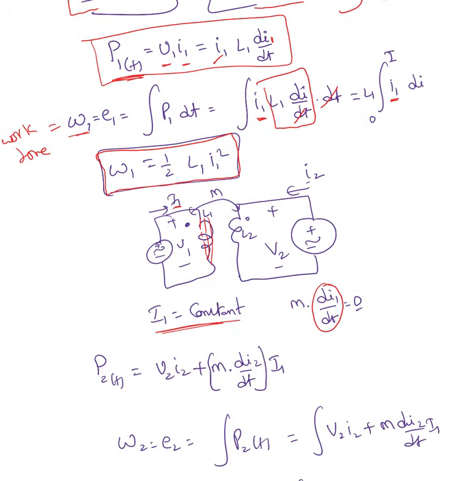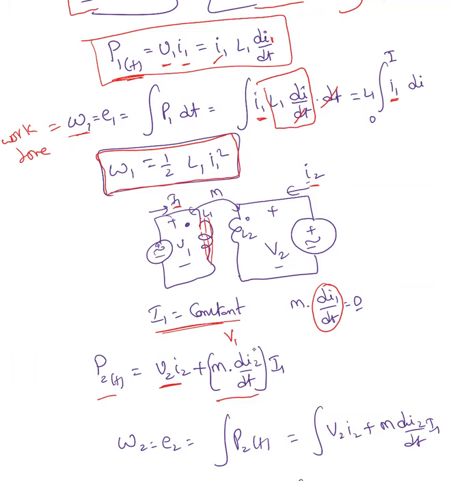Now the power consumed by coil 2 equals V2 times I2. At the same time, because of I2, the current is changing, so there is an induced EMF across coil 1. That value is M times di2 by dt, and the power is this induced EMF times I1.